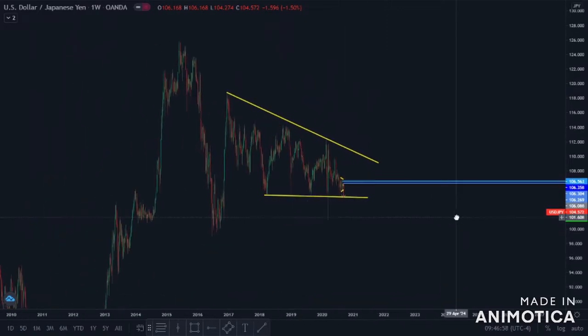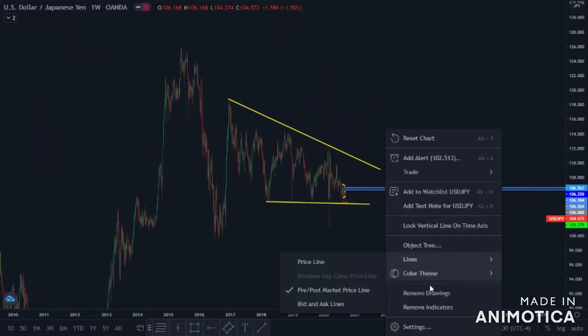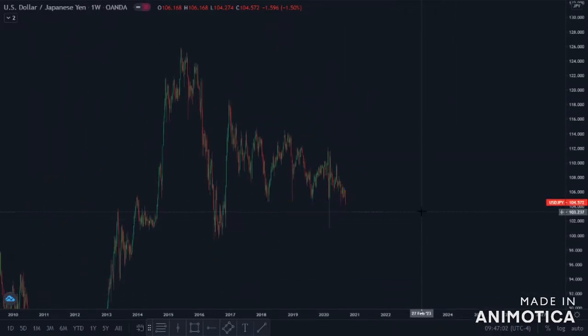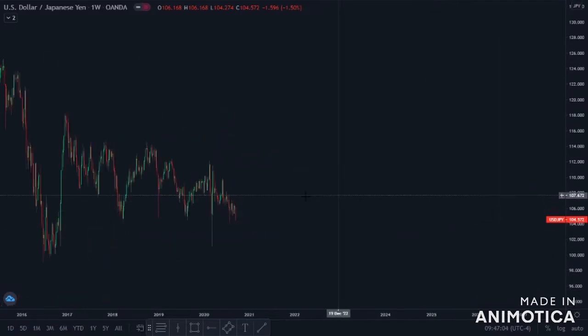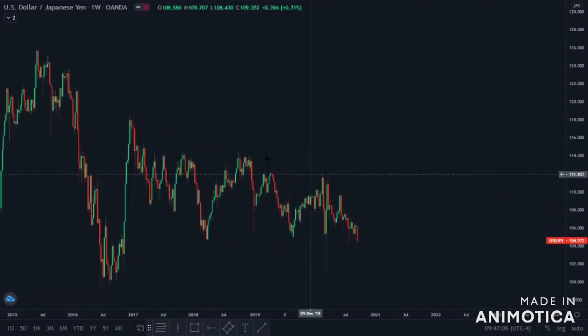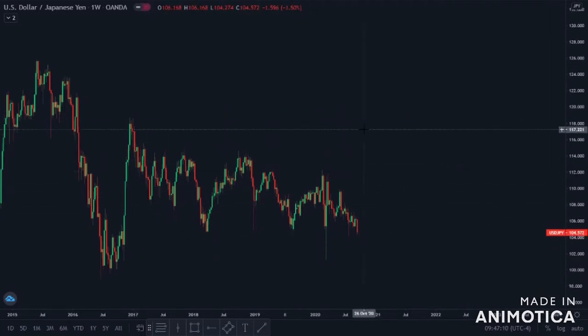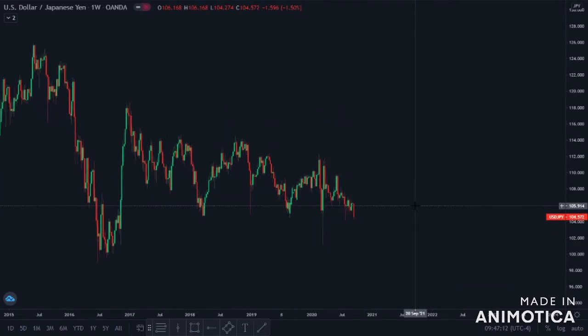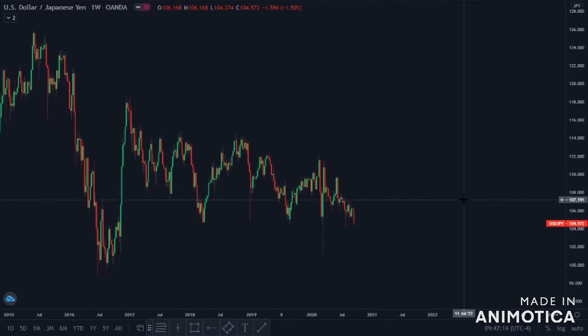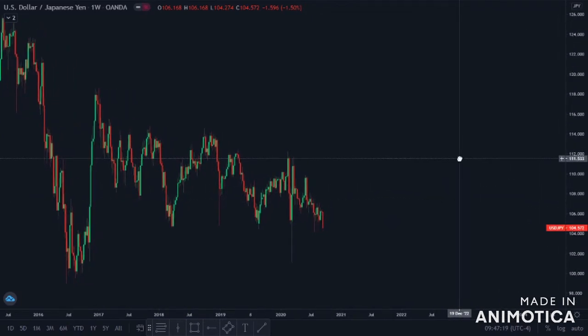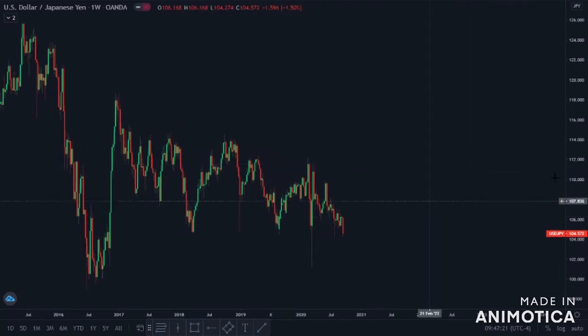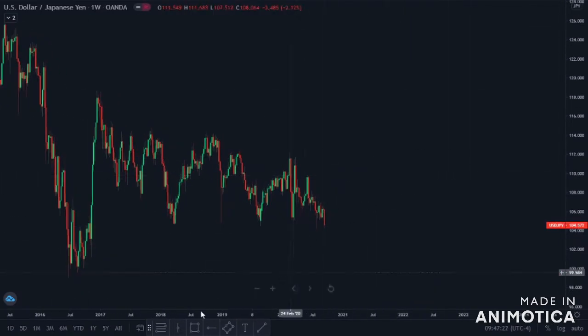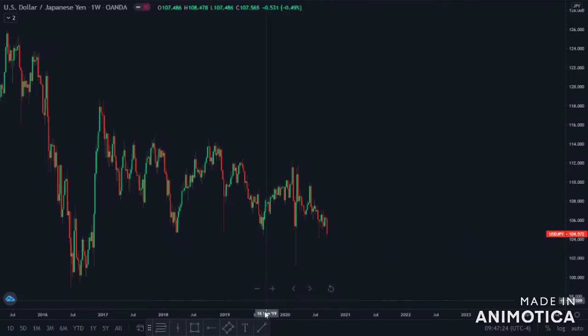Okay, so let me just remove this. Alright, so on the weekly time frame, when you're focusing on the current structure, like I said, you always want to use your recent points for drawing your outer structure, whether it's your trend lines, or your support and resistance, or whichever you use.